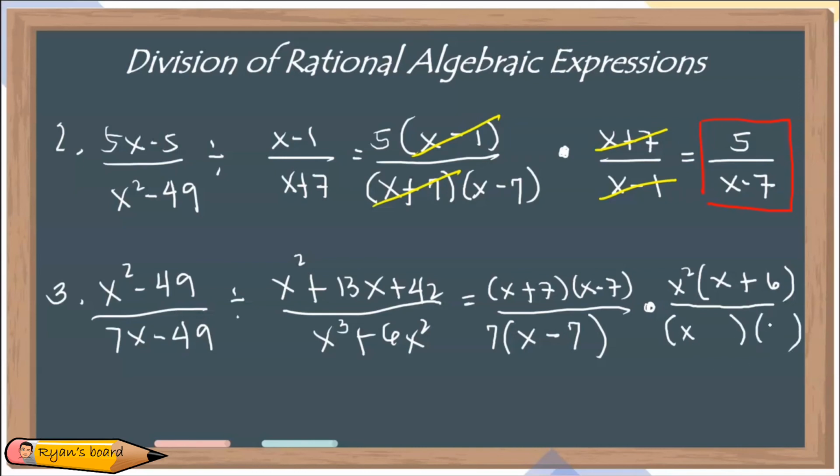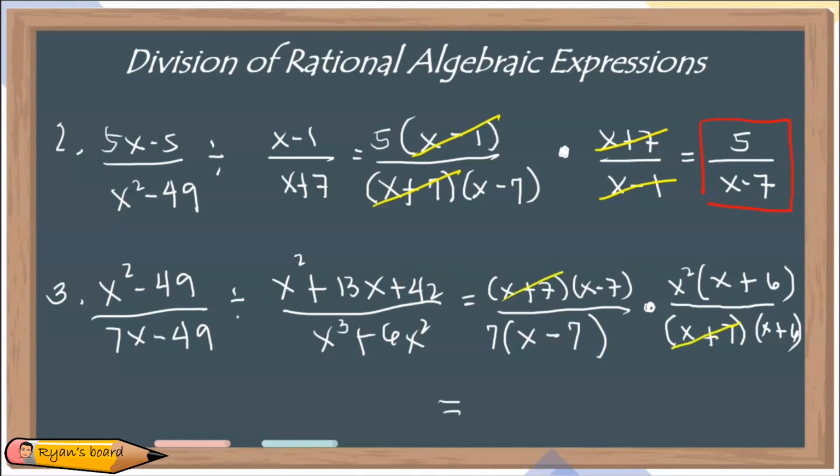So, we have x, x. Now, ano ang factors ng 42 na pag ipa-plus ay 13? That is 7 and 6. So, this is plus 7 plus 6. Bakit 7 and 6? Kasi 7 times 6, that's 42. 7 plus 6, that's 13. Okay? So, now, nasaan ang pwedeng i-cancel out?